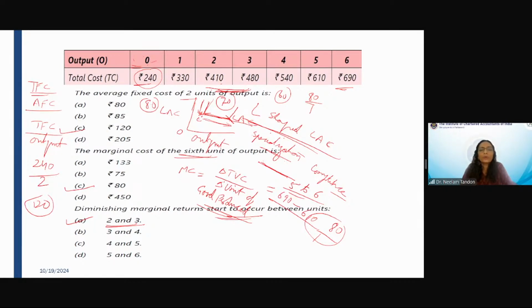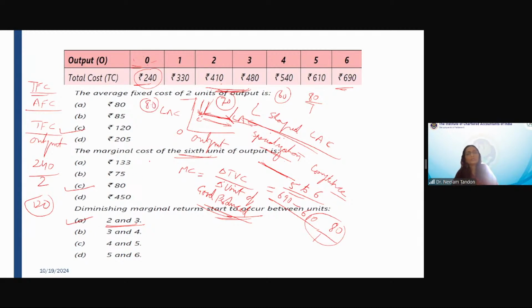So this is how. Now what is marginal cost? If they are asking you marginal cost for 6 units, they are not asking you for the first unit, then they are asking you about diminishing marginal returns. Diminishing marginal returns means what? The marginal cost should start increasing, no? If the marginal cost increases, that means it is diminishing returns.